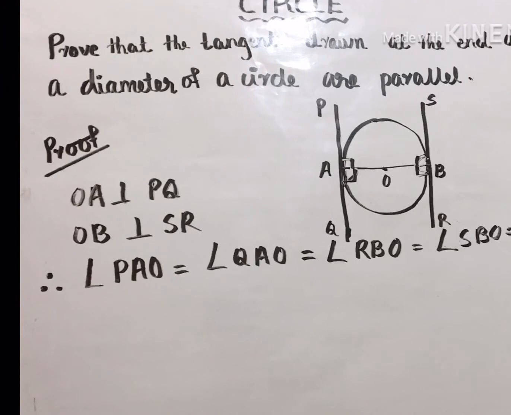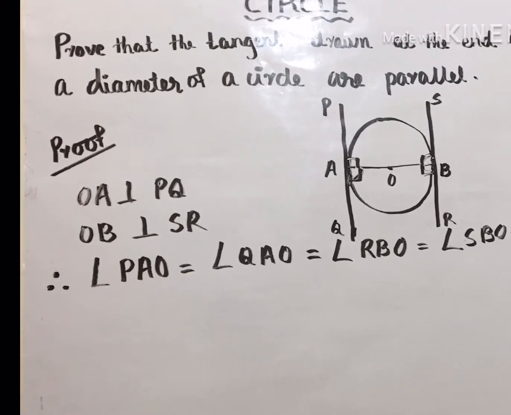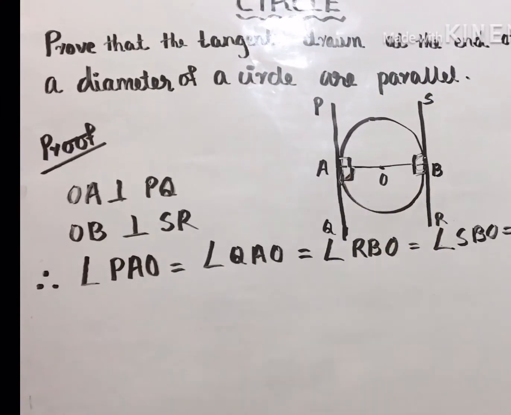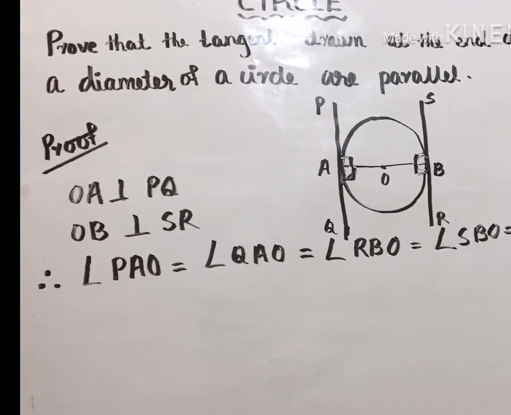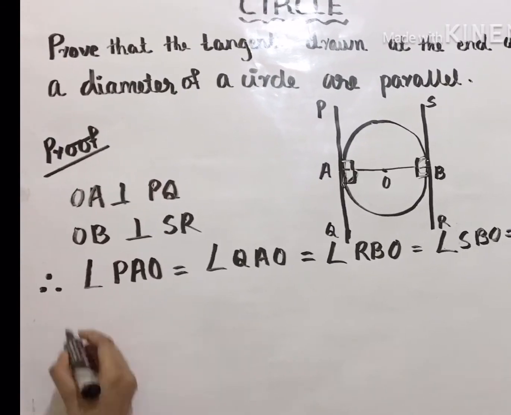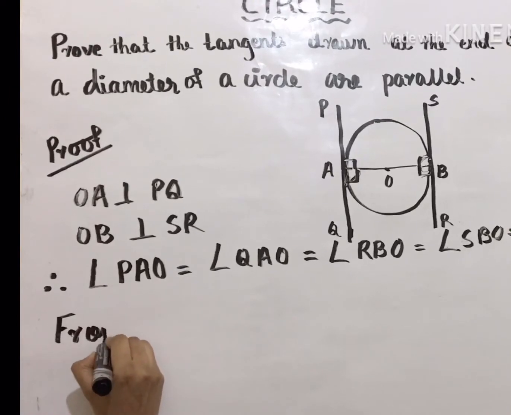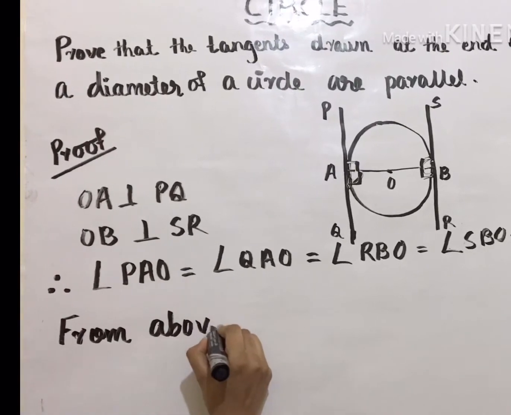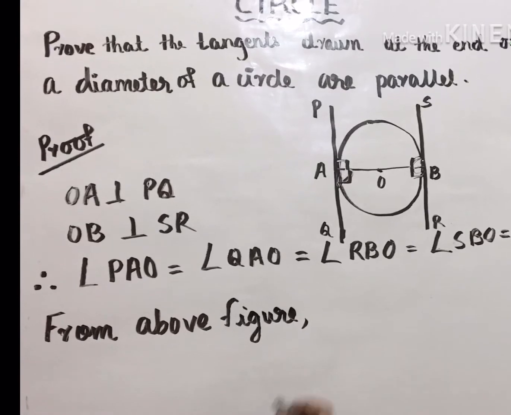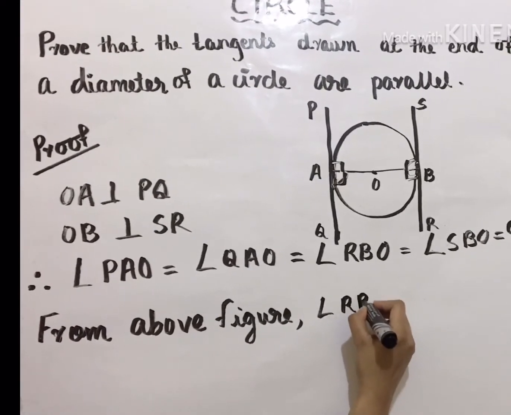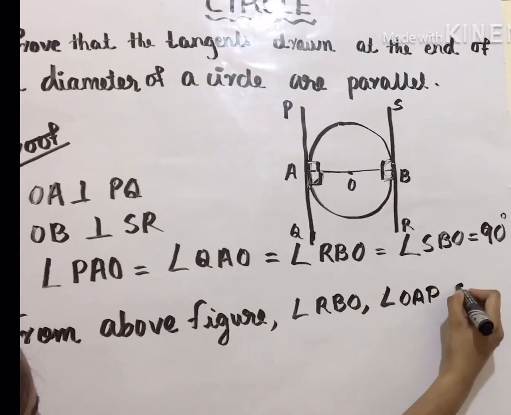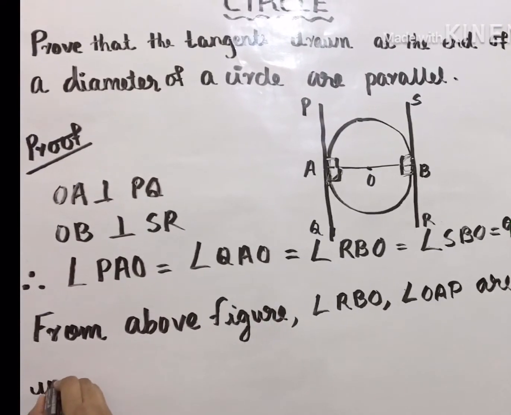From the above figure we can see that angle RBO and angle OAP are the alternate interior angles.